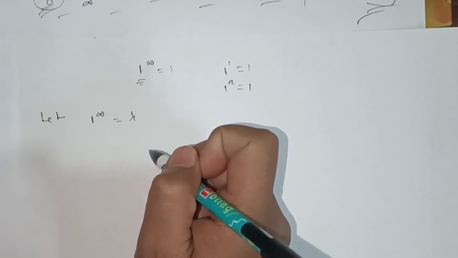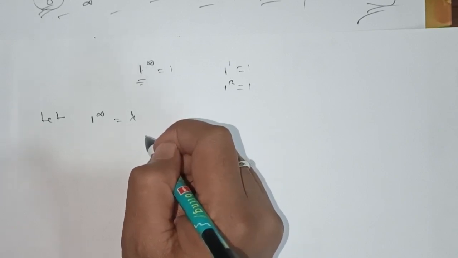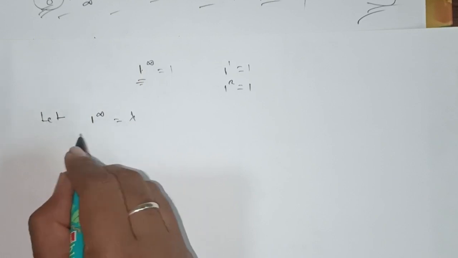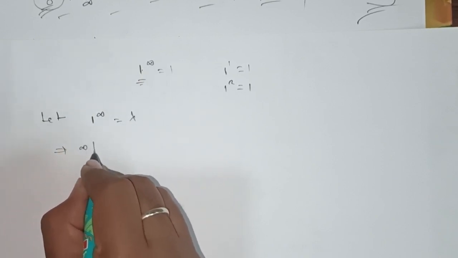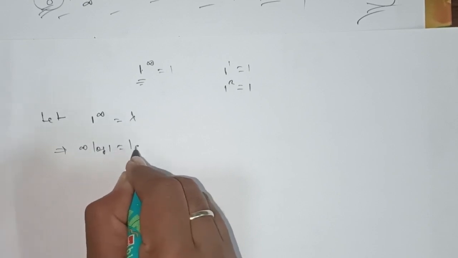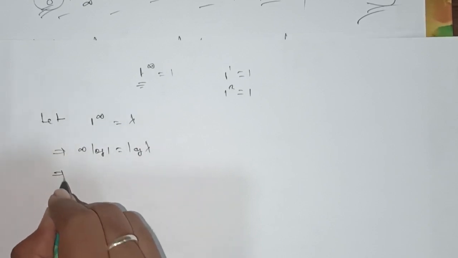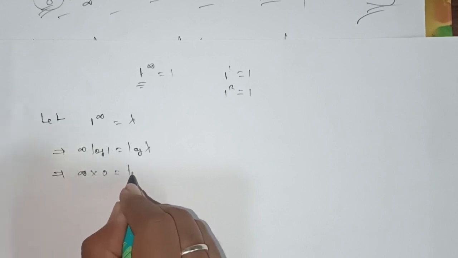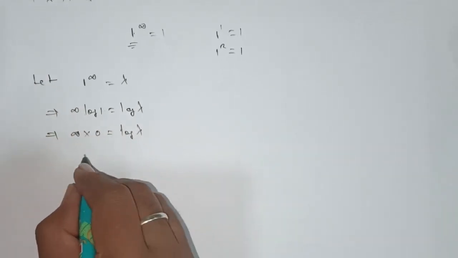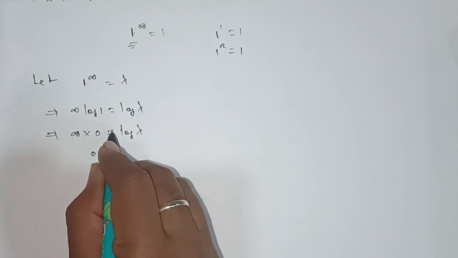Let's check whether we are getting a fixed value or not. So use the logarithm on both sides. What we get here is infinity log 1 equals log lambda, and we know that the logarithm of 1 equals 0, so 0 equals log lambda.